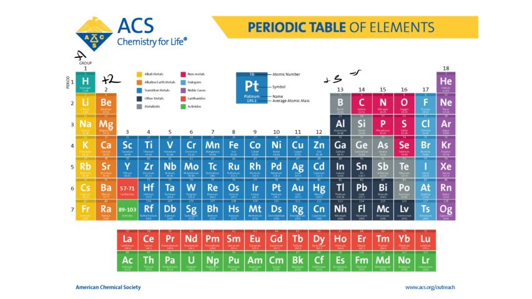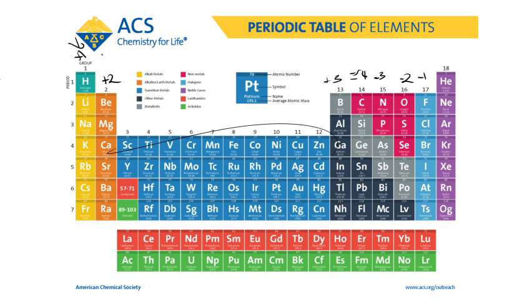If you don't remember how to find the charges, up above the columns on your periodic table, you'll see things written like this. That's going to indicate the charge of anything in those columns.